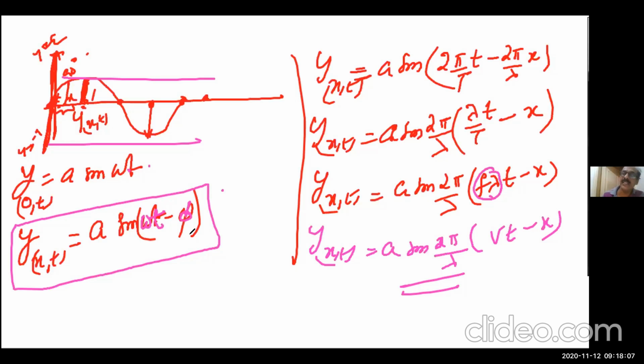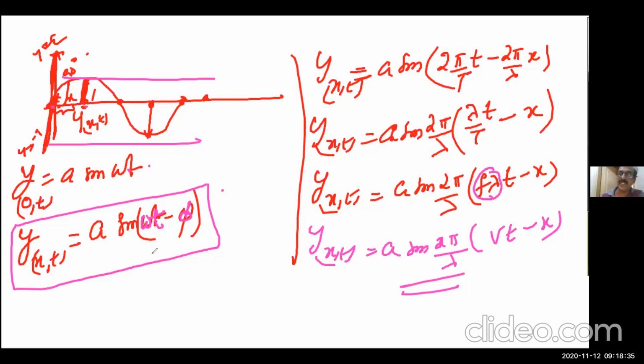And phi is the phase difference at that instant with respect to the particle at the origin. Omega is the angular velocity or angular frequency. Angular frequency increasing, this vibration becomes faster.